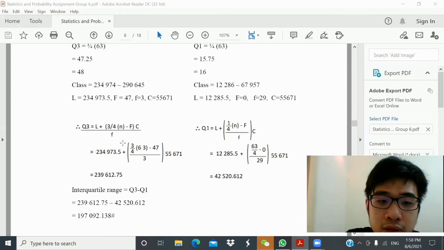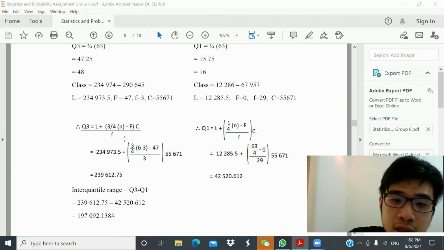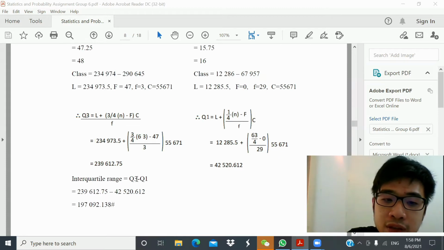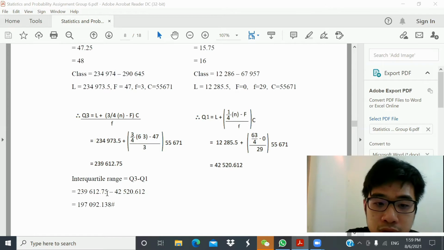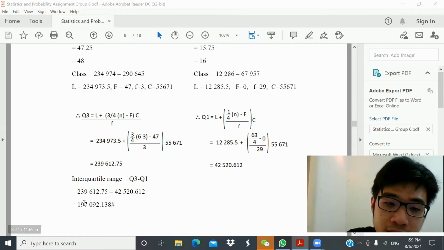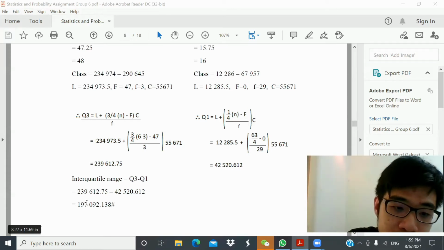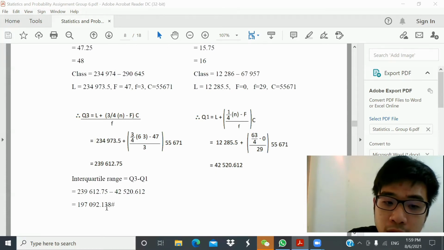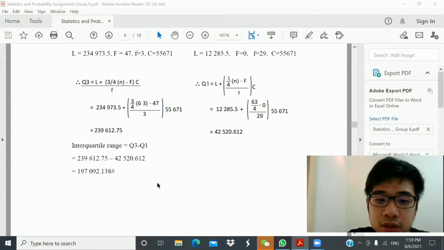So, using the formula, we find the Q3 value and Q1 value, and finally, to find the interquartile range, we subtract Q1 from Q3. The final result is 197,092.138. This is the interquartile range.